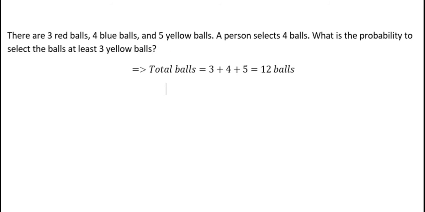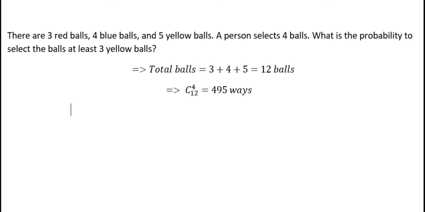So the next step is to find how many ways to select 4 bonds from 12 bonds first. We got 495 ways.